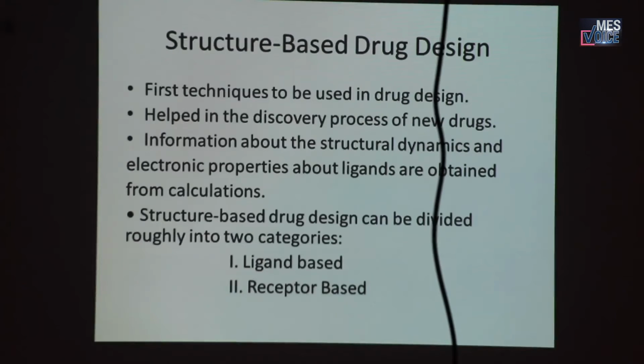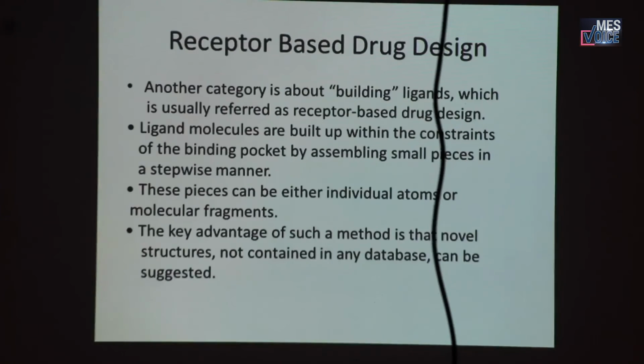Here, there are two types of structure-based drug designing: one is ligand-based drug designing and the other is receptor-based drug design. Receptor-based drug designing means building ligands based upon the receptor's binding site.